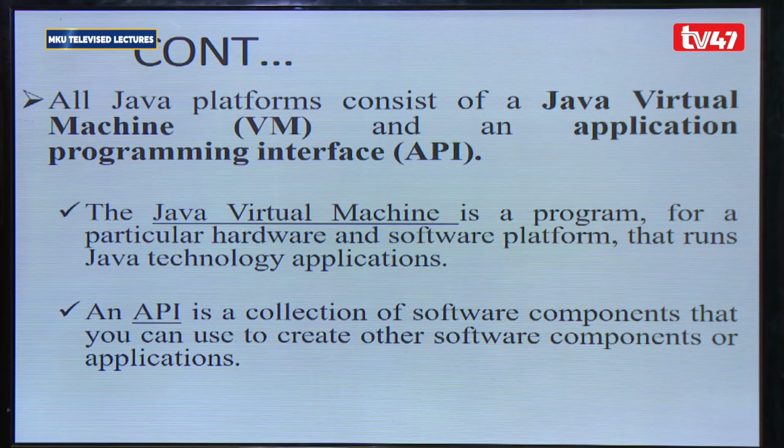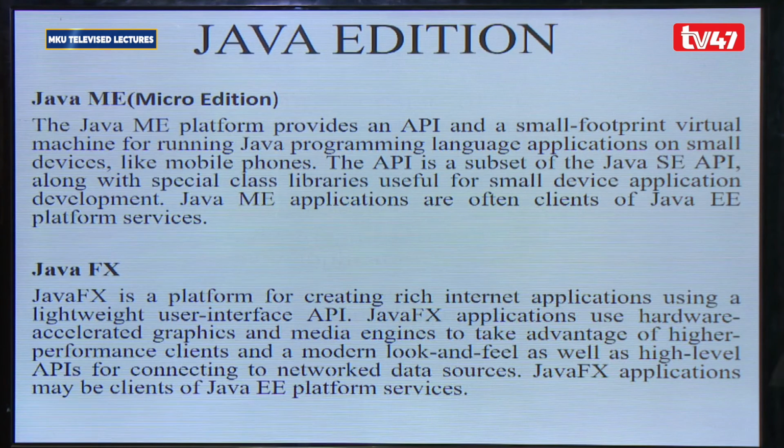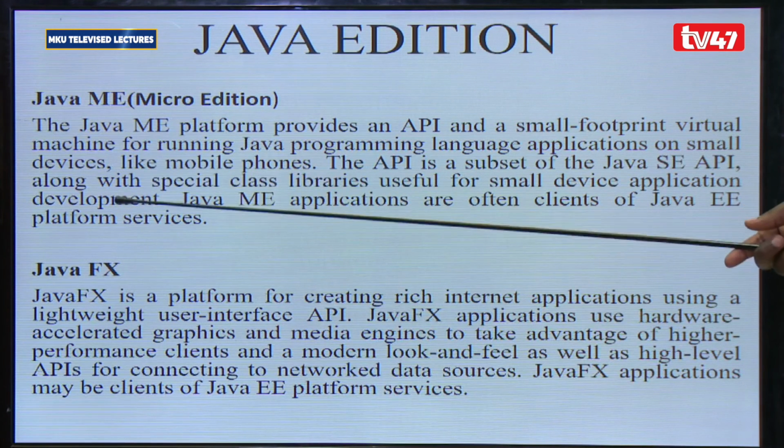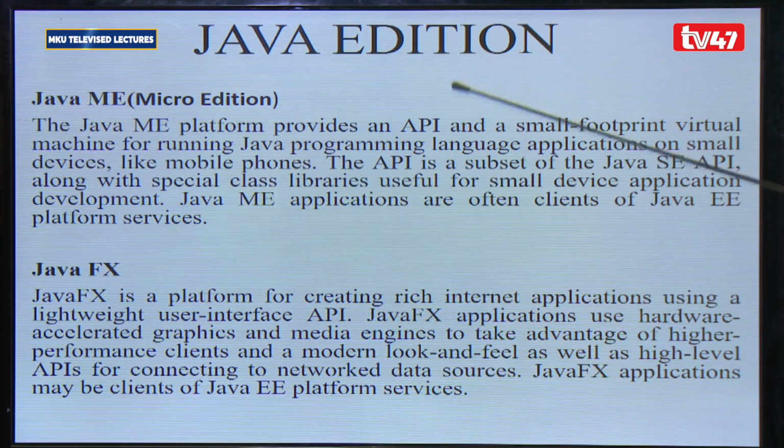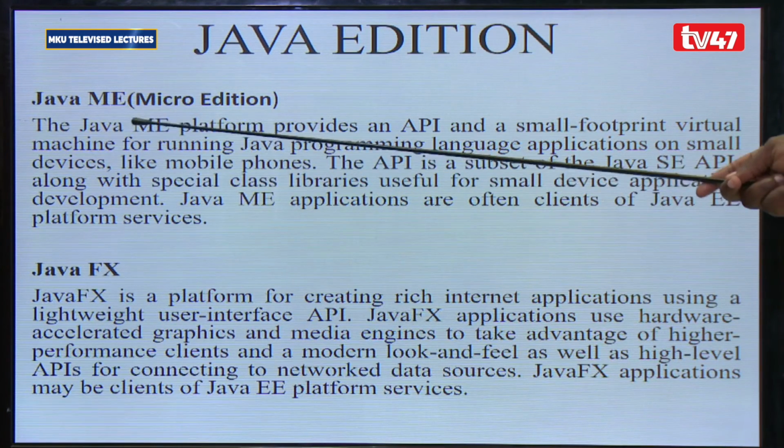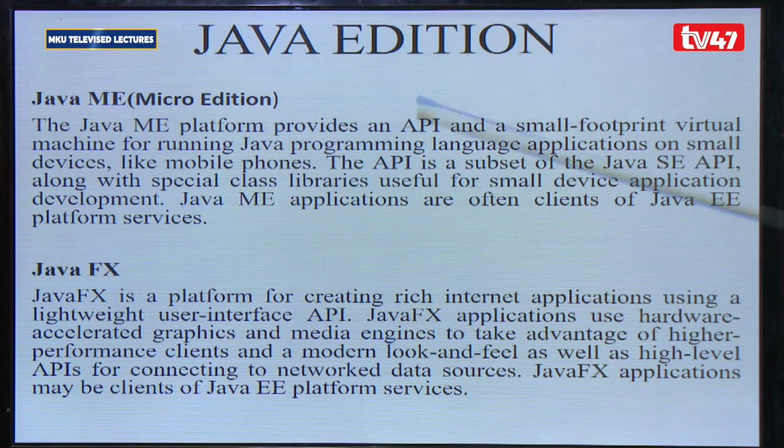Let's discuss the Java editions and how they're used. We can start with the first one, which is Java ME, Java Micro Edition. The pros, the gurus who have used Java editions, you will wonder why they use Java ME. It provides an API and a small footprint virtual machine for running Java programming language applications on small devices like mobile phones.